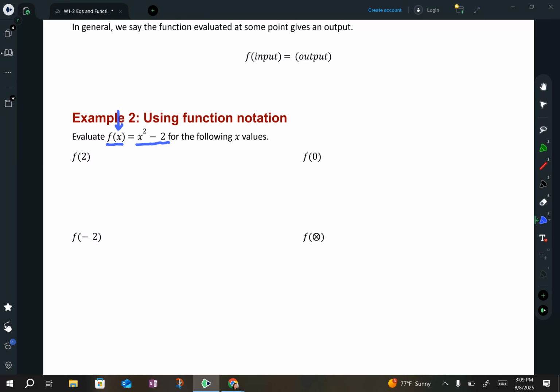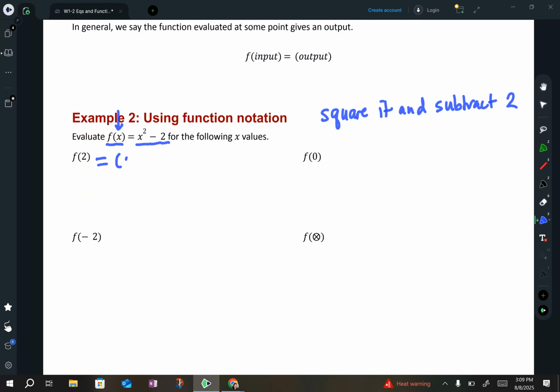So if we want to know what is f of 2, the rule says square it and subtract 2. All right, so f of 2 would be equal to, well, we can use the rule in our head, but we can also have the notation help us so we don't have to talk out every single equation that we want to deal with. Everywhere we see an x, we're going to go ahead and put a 2.